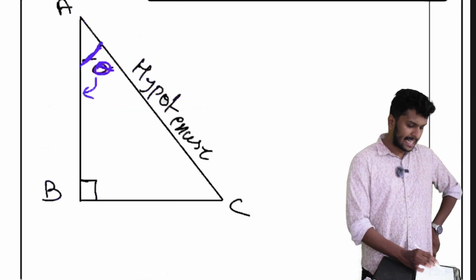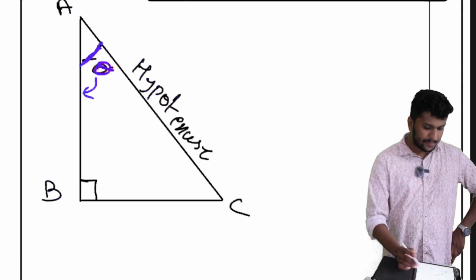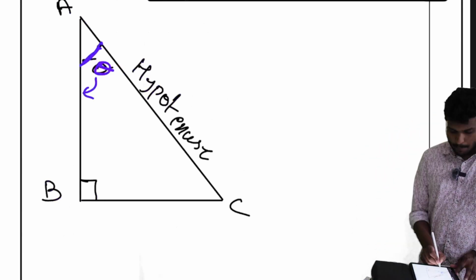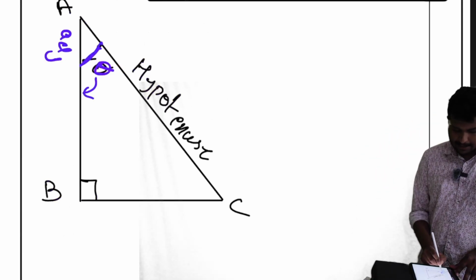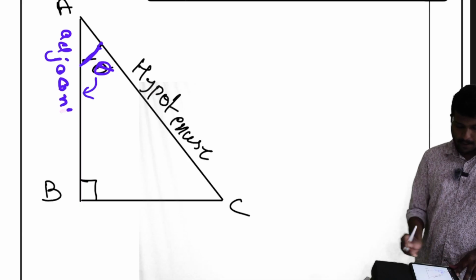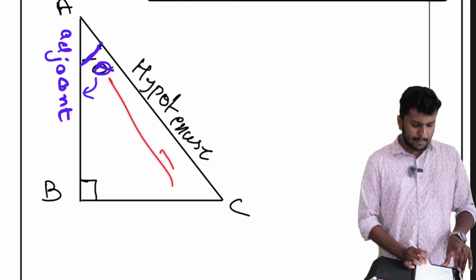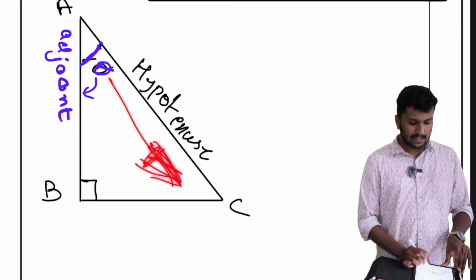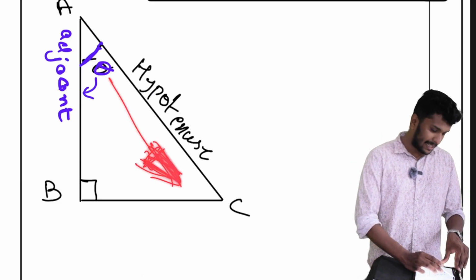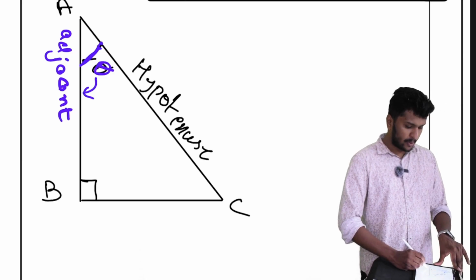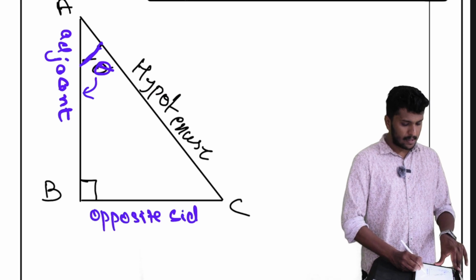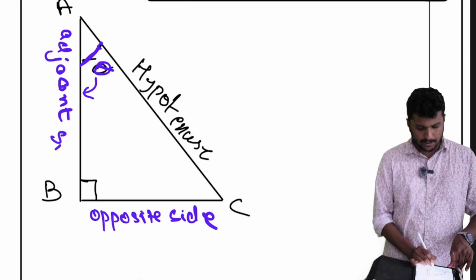Now if I take theta as angle A, adjacent will be AB. And BC is called the opposite side.